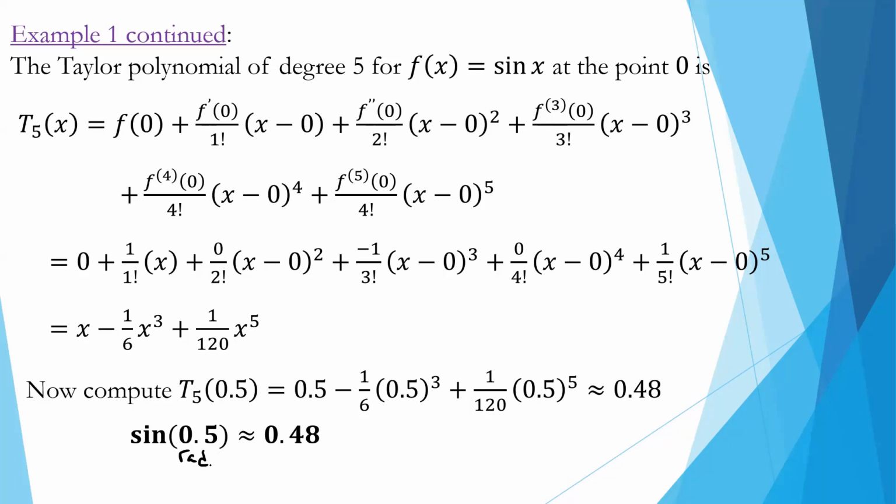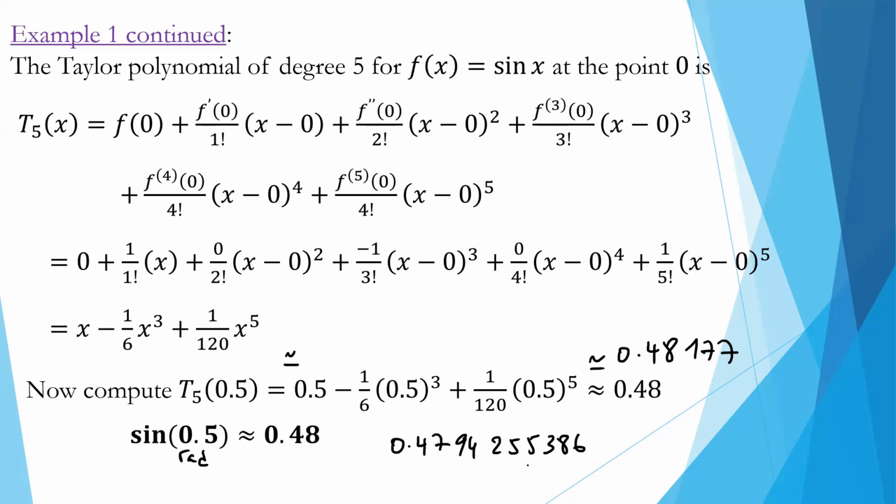So sine 0.5, if we want to be more precise, is 0.4794255386. Here, T5 of 0.5 is 0.48177.